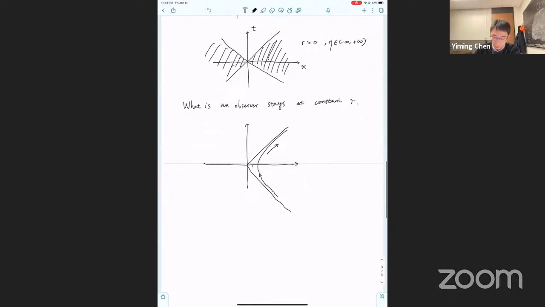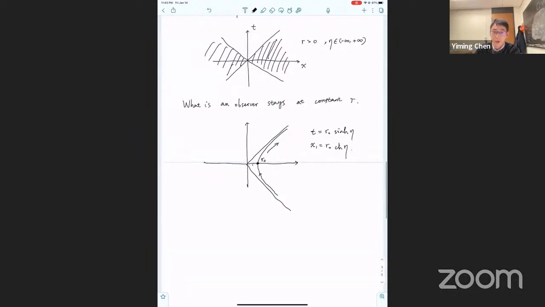Let's say that it crosses the horizontal axis at R naught. Then the trajectory is given by t equals R naught sin eta, and x1 equals R naught cos eta, okay?